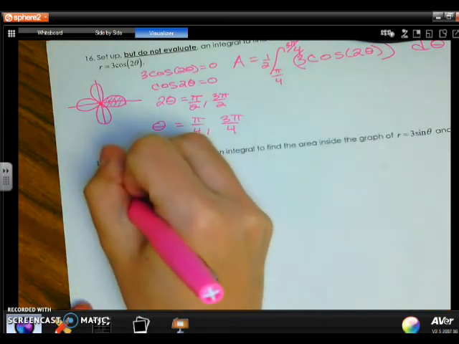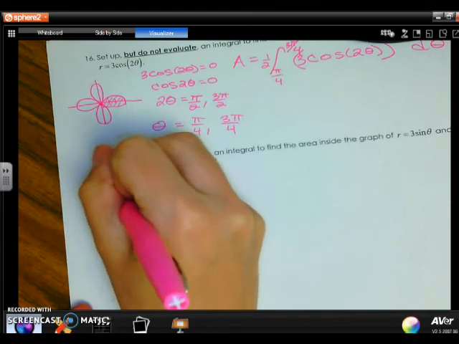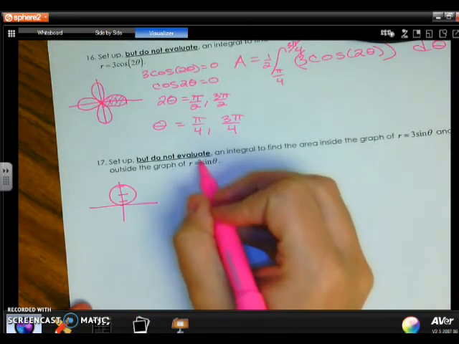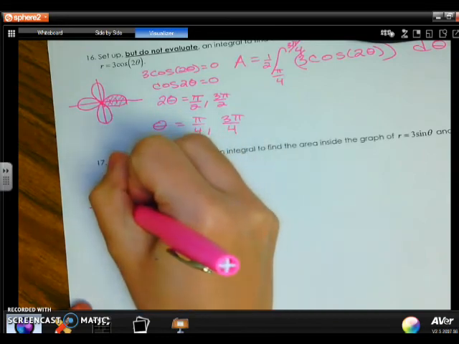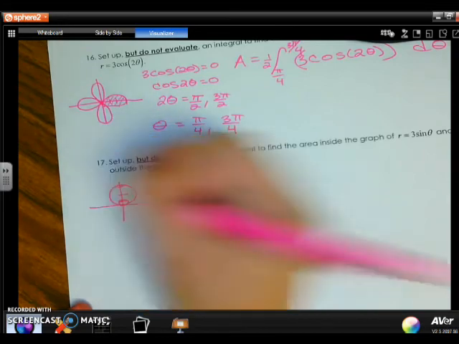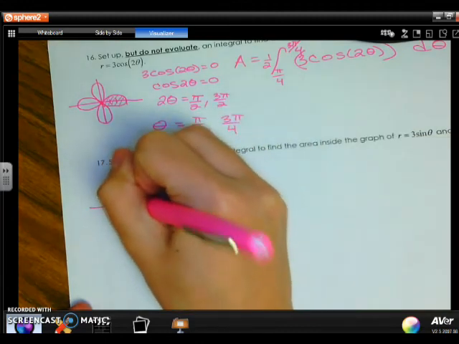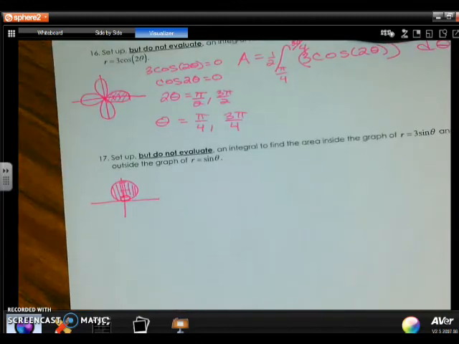So 1, 2, 3. Not my best circle ever, but it'll work. And then this one is just going to have a diameter of 1, so it's really small like that. And then we're looking for the area inside this and outside that. There we go. So this is the area that we are looking for.